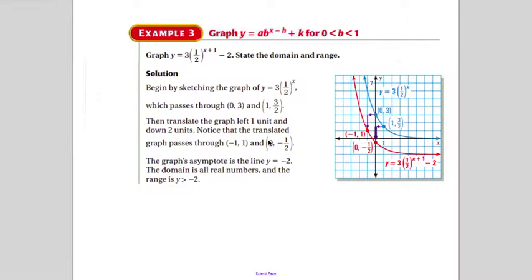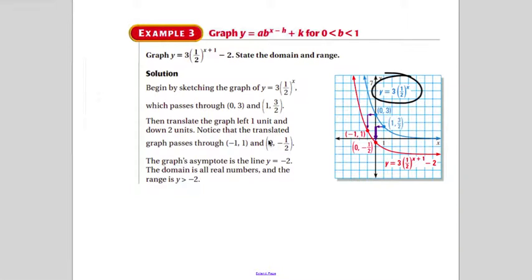Example 3 also has the h and k shift. You'll see that first they didn't draw the parent function, but they go straight to the parent function of 1/2 to the x power stretched by 3. So the blue line here is the parent function stretched by 3.